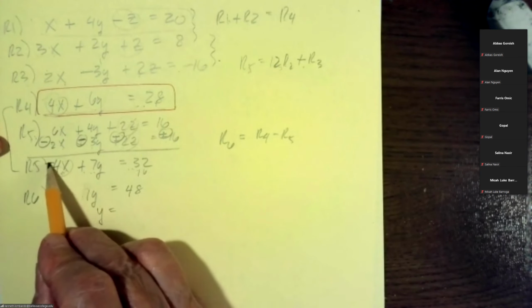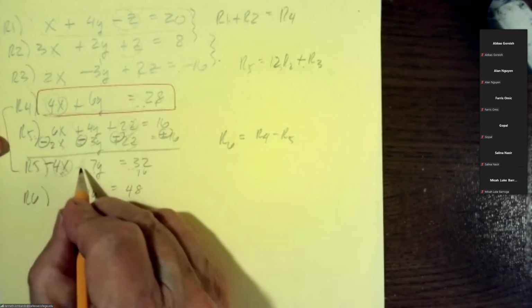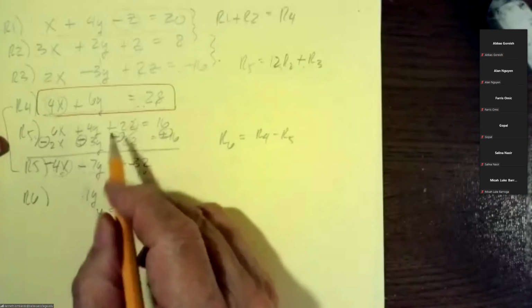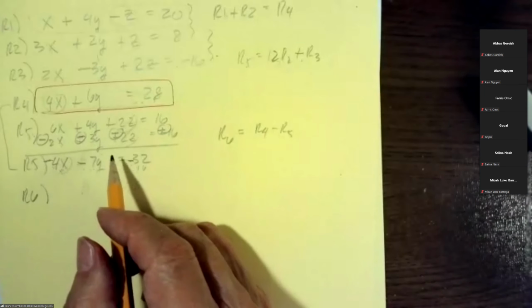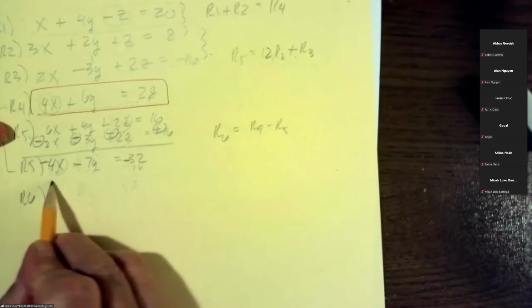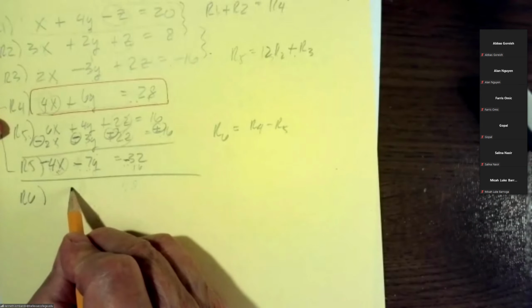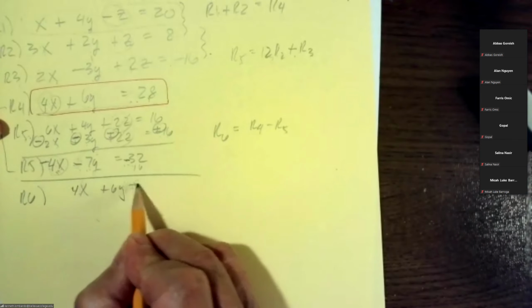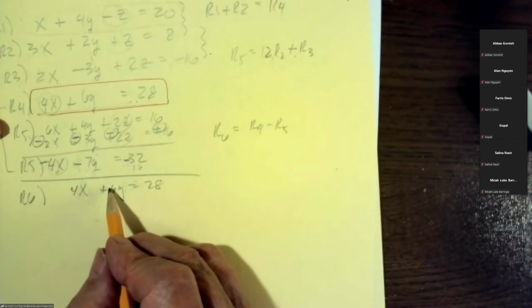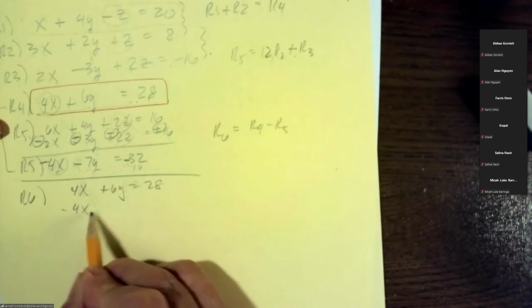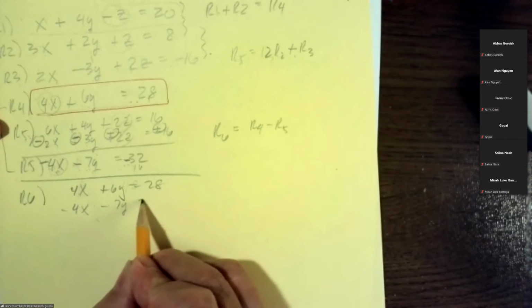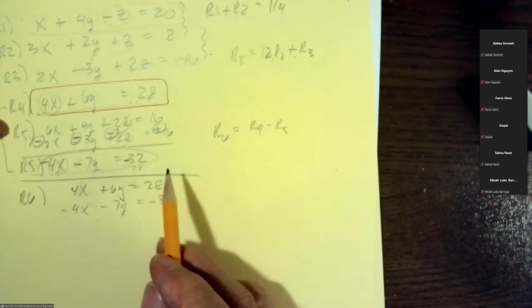I think that needs to be a negative, and this is a negative. You guys got to watch me on these arithmetic calculations. So let me just rewrite this. I'm combining 4x plus 6y, that's 28. We know that's good. And then I'm going to combine that with down here, negative 4x, negative 7y, and negative 32. That's this thing here.